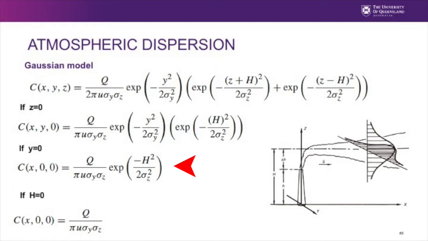In this case, we're going to consider only the emission rate of the pollution source divided by the average wind speed, and then also by the standard deviation of the plume in the y direction and the standard deviation of the plume in the z direction, times pi. And then we're also going to consider the height.